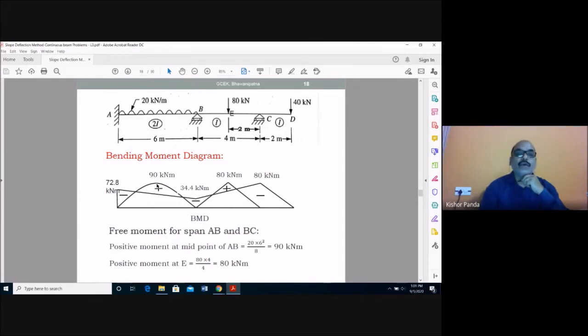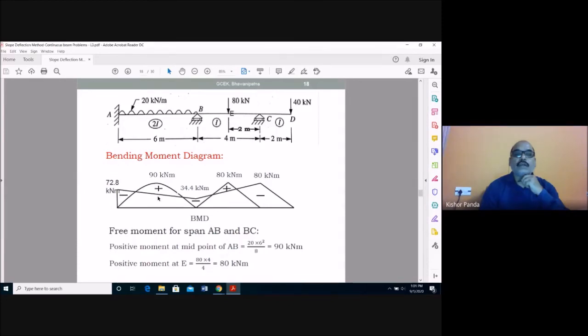And you have to find out the maximum positive moment here and the maximum positive moment here. We already discussed how to find this. You have to find it by taking similar triangles here: one triangle, and here also another triangle.